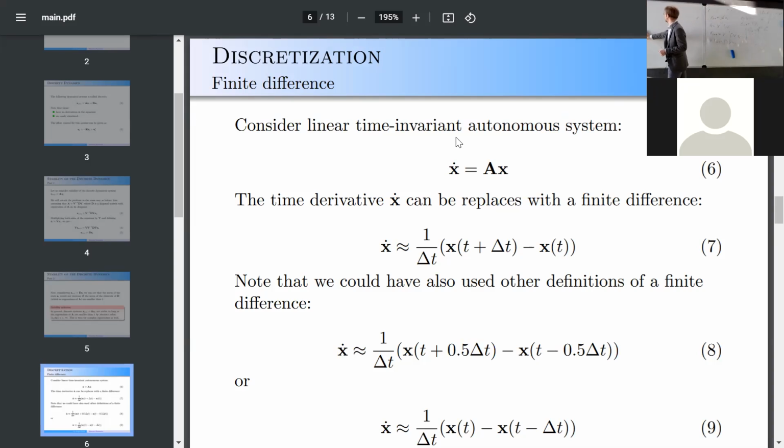And we want this equation to be represented in some discretized form. What do we mean? Well, x dot can be represented approximately as x on the next time step minus x on the current time step, divided by the time step. Does it make sense?